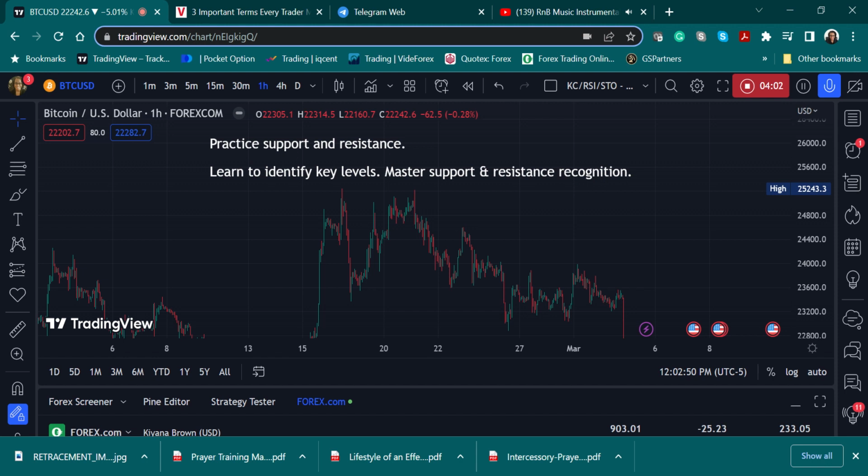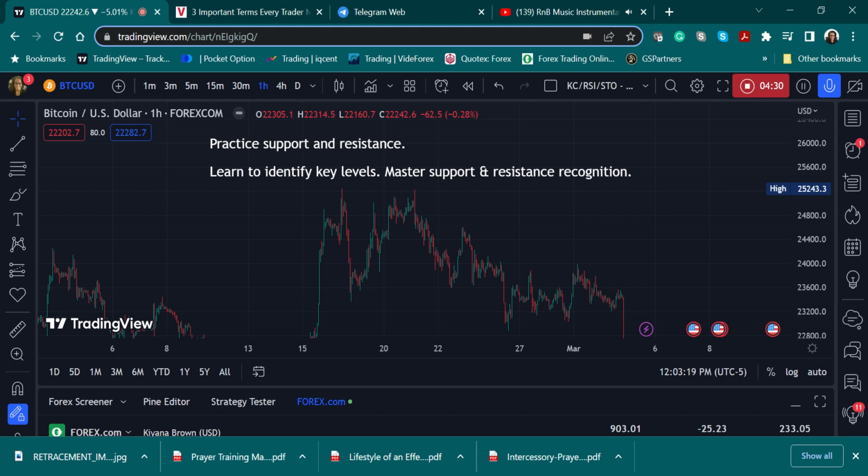Now we're going to get into the nitty gritty. What is support? In a downtrend, price falls because there is an excess of supply over demand. The lower price goes, the more attractive price becomes to those waiting on the sidelines to buy the shares, the asset, the crypto, so forth and so on, or forex currency.